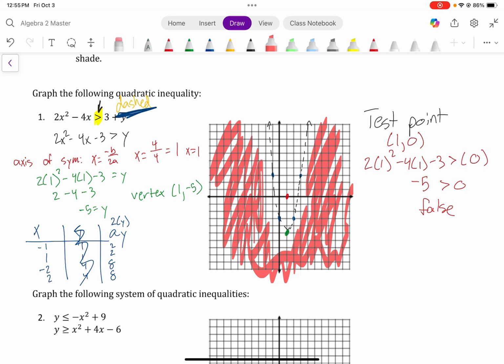Okay, so I picked the test point 1, 0 for efficiency. I very well could have picked 0, 0 because that is definitely inside the parabola. But depending on the form that you are given, you might actually have to do extra work. So in standard form, that would have worked fine because the 0 would cancel out the x squared and the x term. You'd have -3 greater than 0.